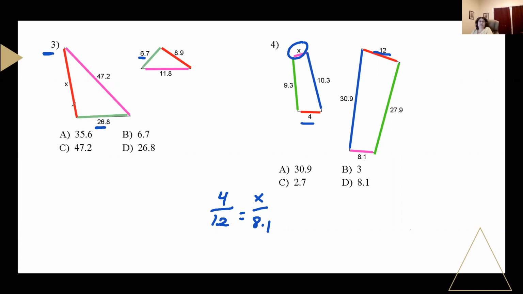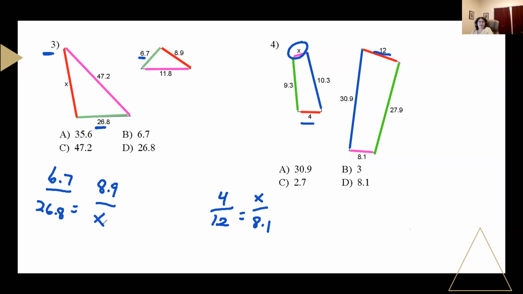Do you agree with that? Yes. Okay, so these two are what we call corresponding. So when I make my fraction, I can put 6.7 over 26.8 to try and get this X. Now, X was the medium length. It wasn't the smallest and it wasn't the largest, it's in between. But because I put 6.7 on the top here, I'm going to put 8.9 on the top because that's the medium from this side. And then I'm going to put it over X.